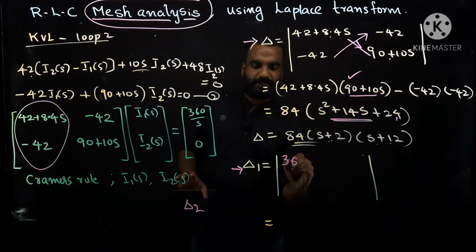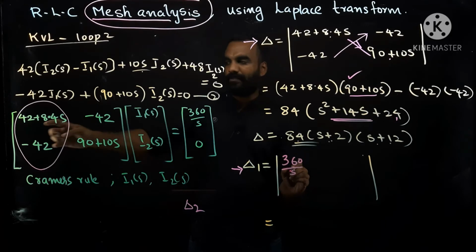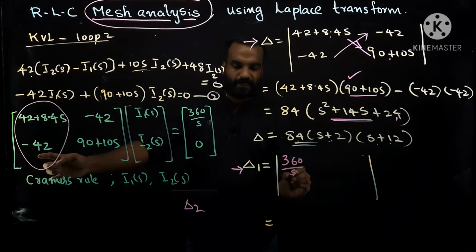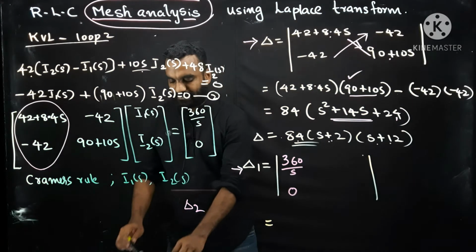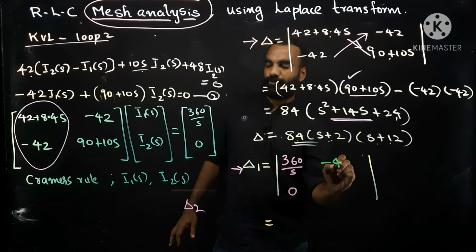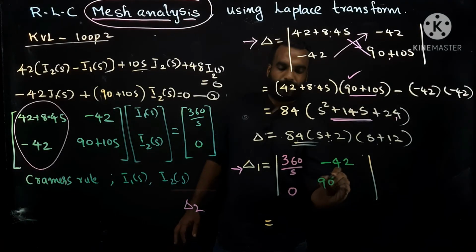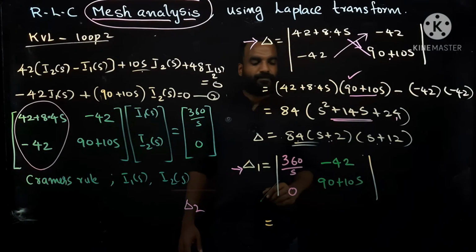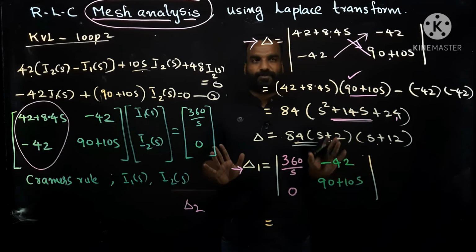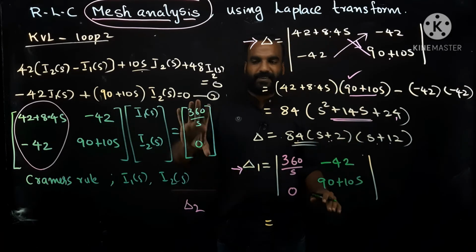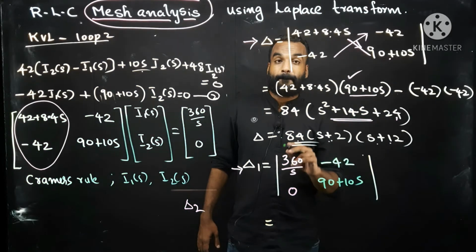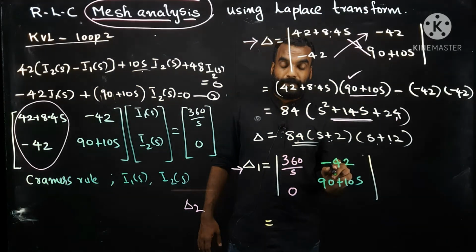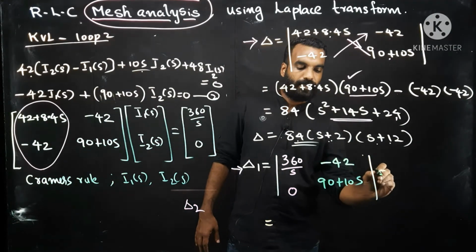So 360 by s is given instead of the first element, and for this element it is replaced with 0. Remaining elements of the base matrix are the same, minus 42 and 90 plus 10s. Now find the determinant.